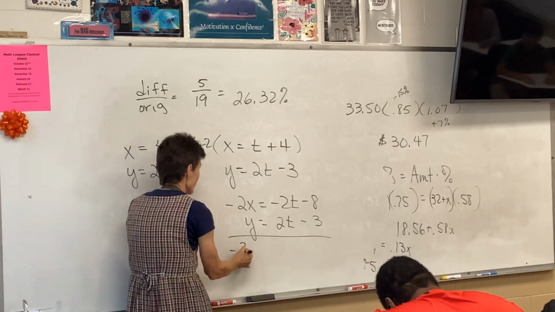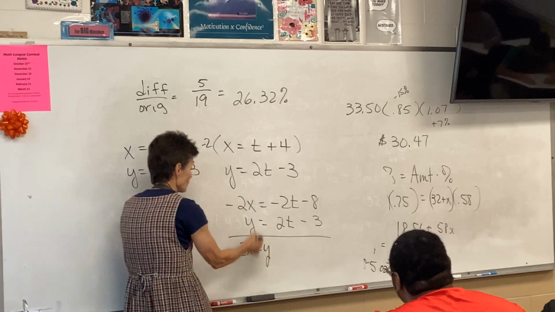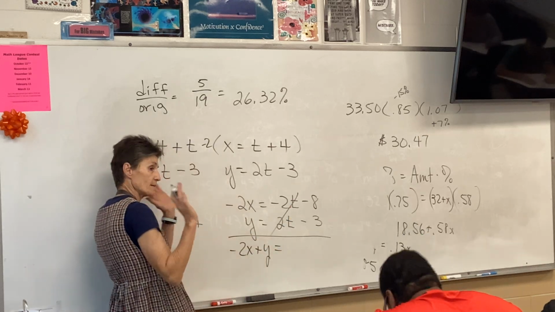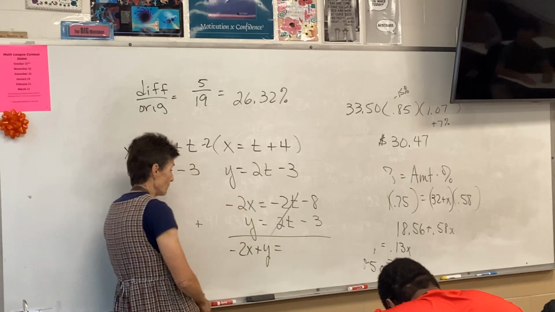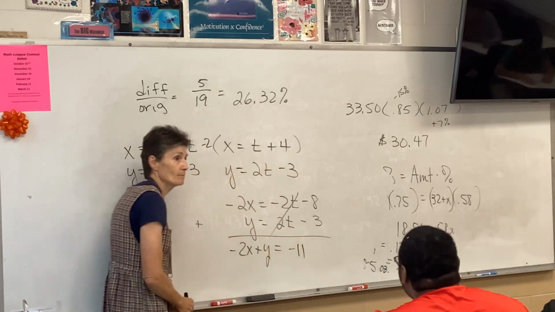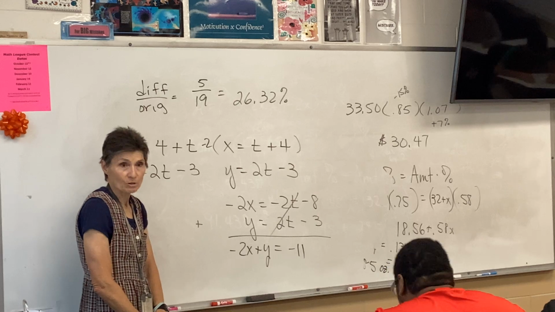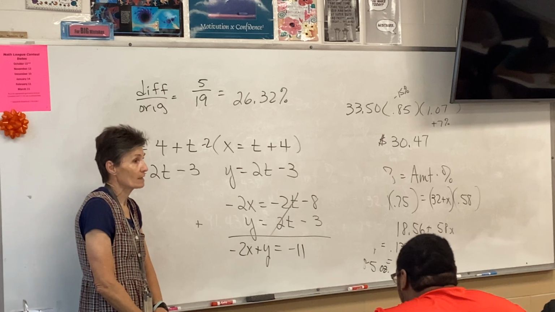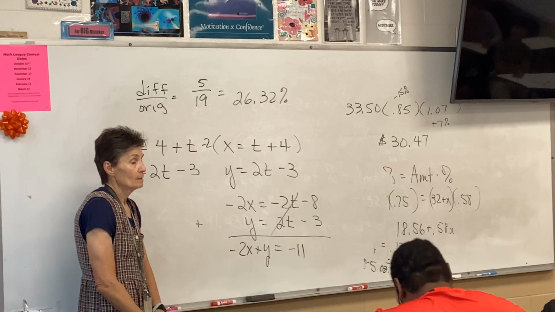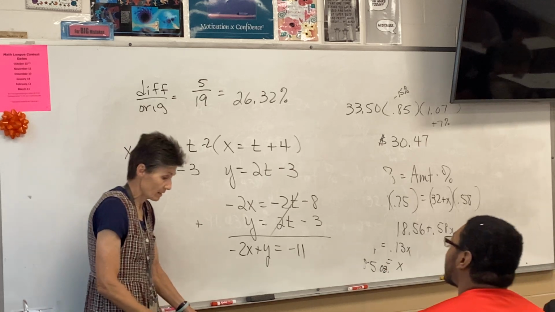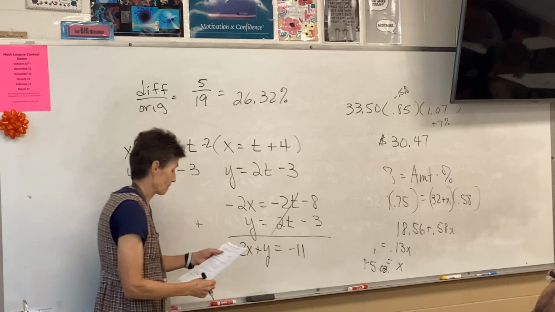These don't combine, so you're just going to leave them: -2x plus y equals, those are gone, which is exactly what you had hoped would happen, -11. There it is, the direct algebraic relationship between x and y. That means get rid of the t, which is exactly what you did.